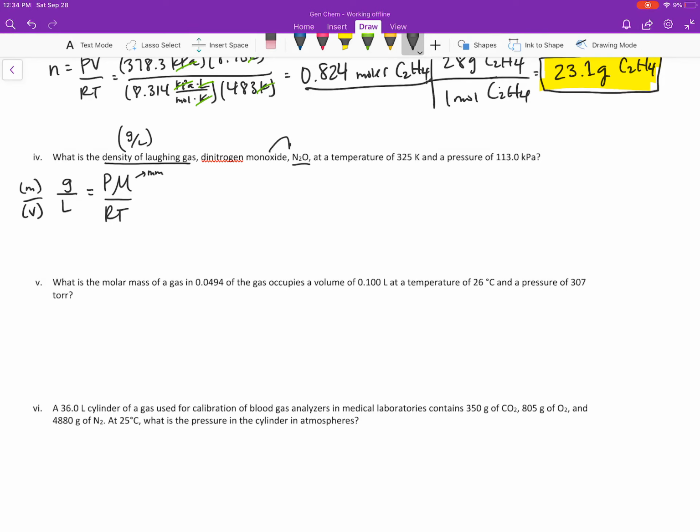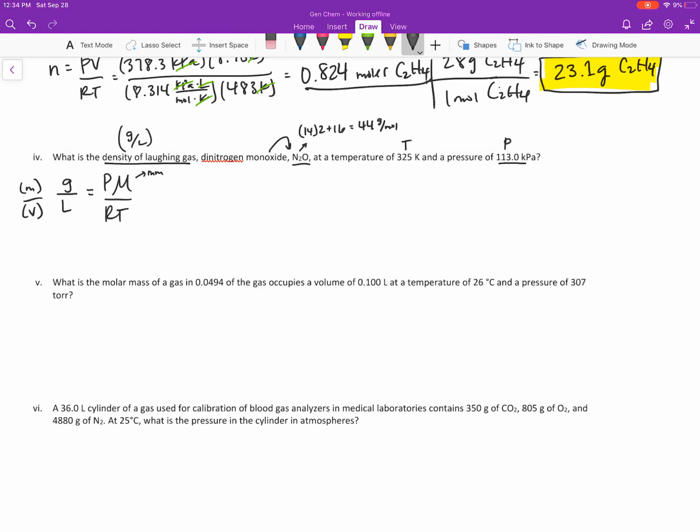So if you don't remember covalent naming, there's the formula at a temperature of this and a pressure of that. So in this equation, now I have everything except for the big swoopy M, the molar mass, but I can very easily calculate that. 14 for nitrogen times 2 plus 16 for the 1 oxygen. It's going to give me a total of 44 grams per mole.